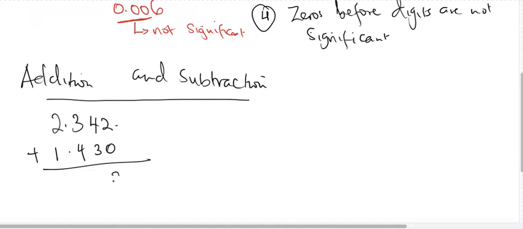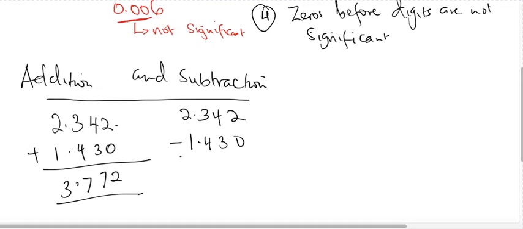So this is 2.773. So these are 4 significant figures. This is addition, and the same will go for subtraction. You can see that for subtraction, it is automatic from the numbers involved.